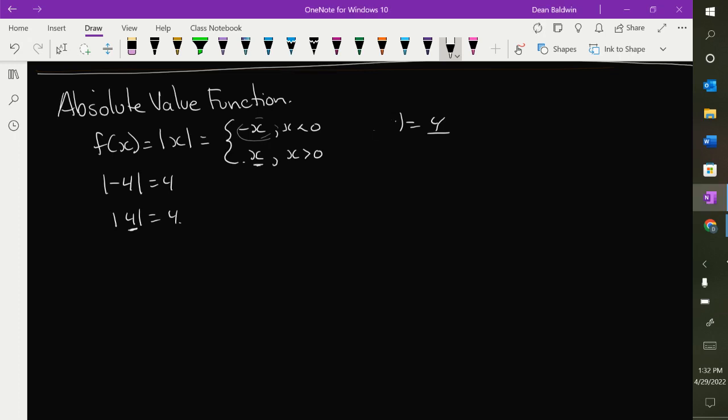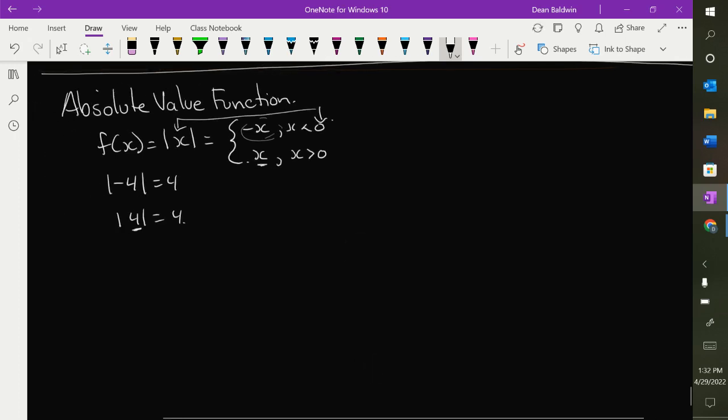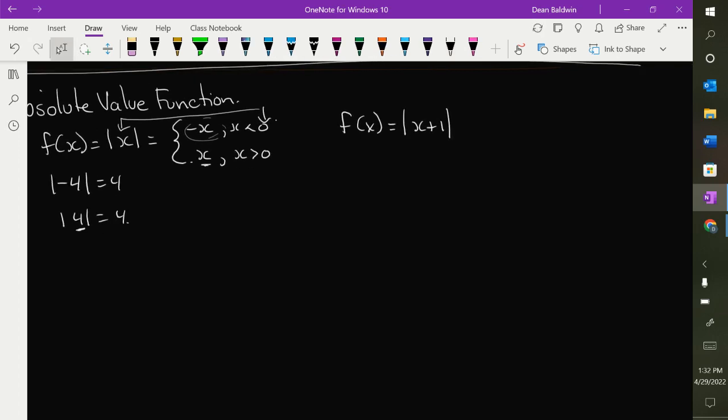Now, where does this number come from? This number right here, where x is less than or greater than 0 in this case, is what makes the inside of the absolute value 0. So if I define my function as the absolute value of x plus 1, what makes the inside of this 0 is -1.